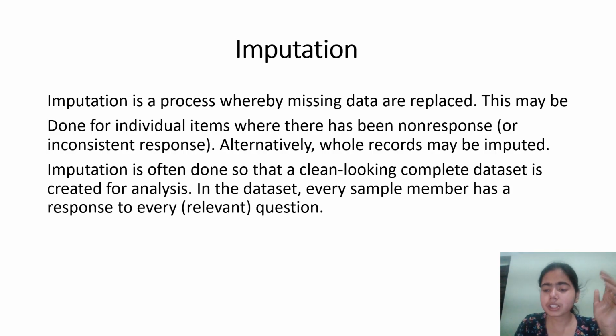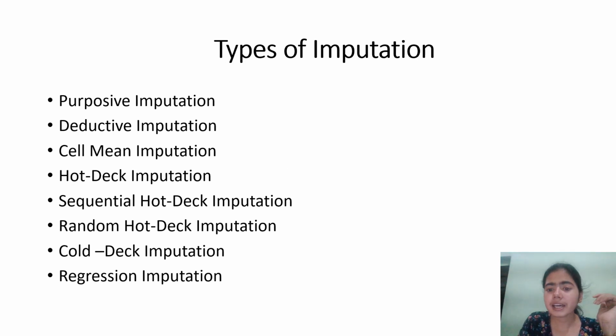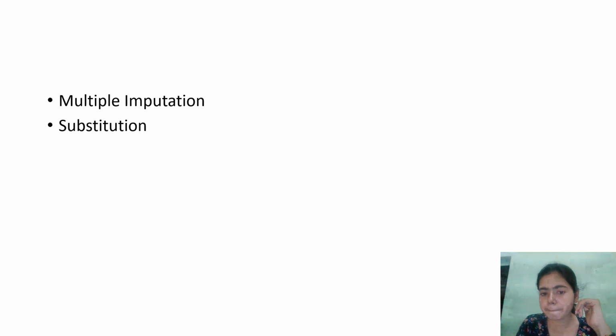So imputation is used to fill the gap caused by non-response or to reduce non-response. There are many types of imputation: purposive imputation, deductive imputation, hot deck imputation, sequential hot deck imputation, random hot deck imputation, cold deck imputation, regression imputation, multiple imputation and substitution.